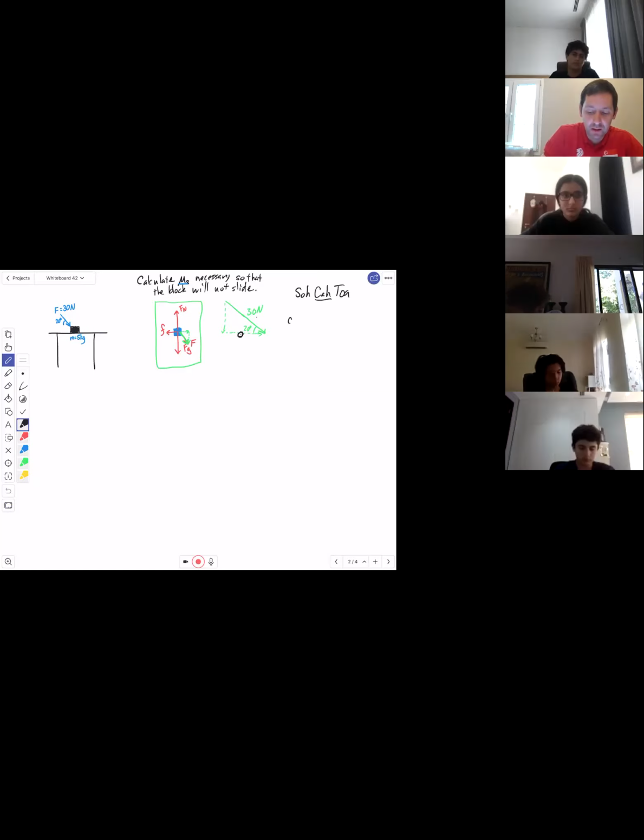Cosine of 20 degrees is equal to the adjacent side, which is the horizontal piece I'm looking for, over the hypotenuse, which is 30. We can solve that by multiplying both sides by 30, so x equals 30 cosine 20.